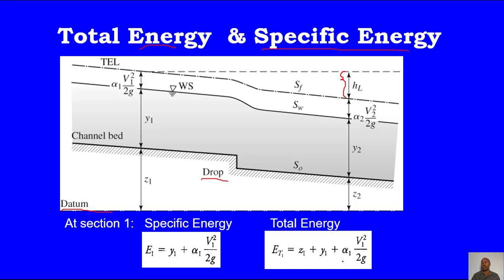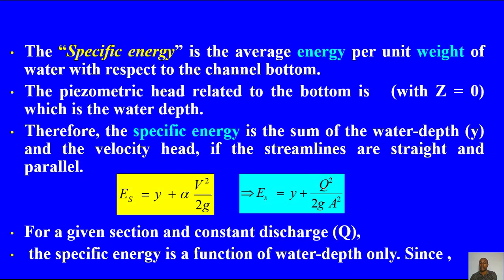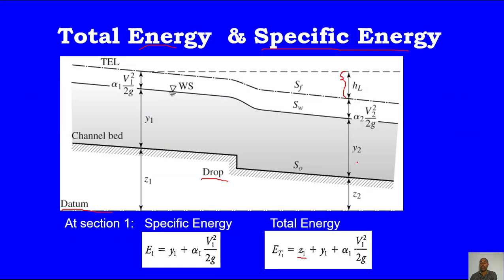For total energy, you have to add the potential head, which is this head. The same is true for this one. You will have loss, and also depth and potential head you have to consider. So once you have a drop in elevation, which is head loss at this point, you have to add some loss to the total energy at this point.